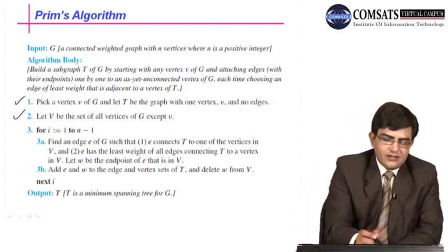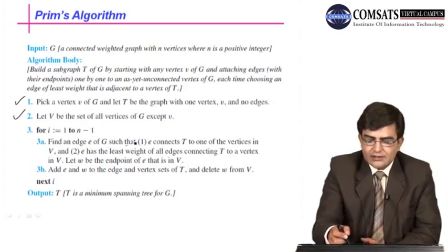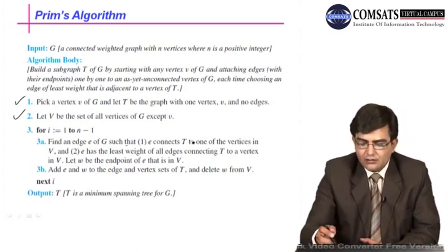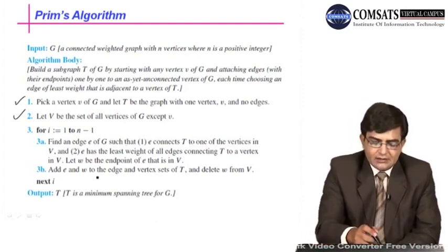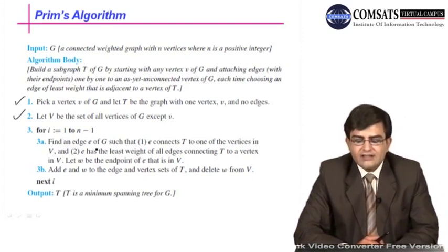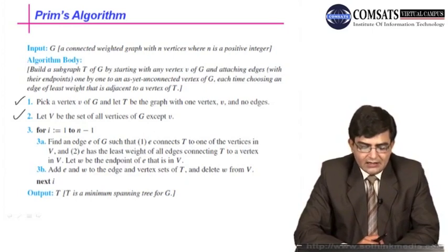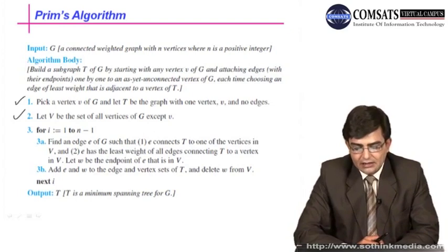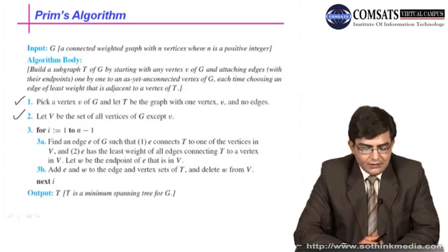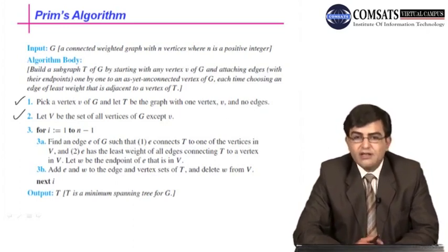For i from 1 to n-1, find an edge e of G such that e connects T to one of the vertices in V'. And e has the least weight of all edges connecting T to a vertex in V'. Let w be the endpoint of e that is in V'. Step 3b is, add e and w to the edge and vertex sets of T and delete w from V'. The output is the minimal spanning tree.